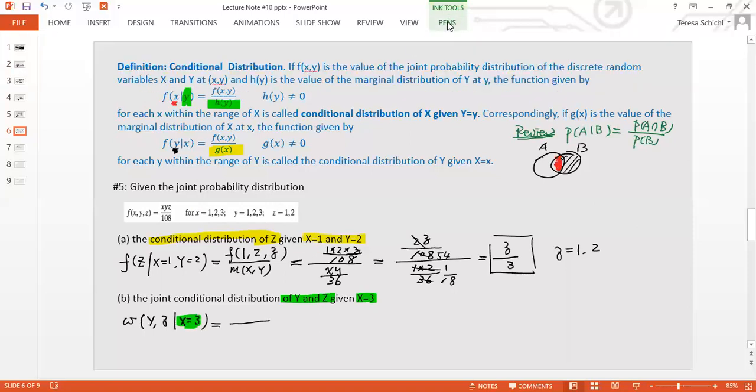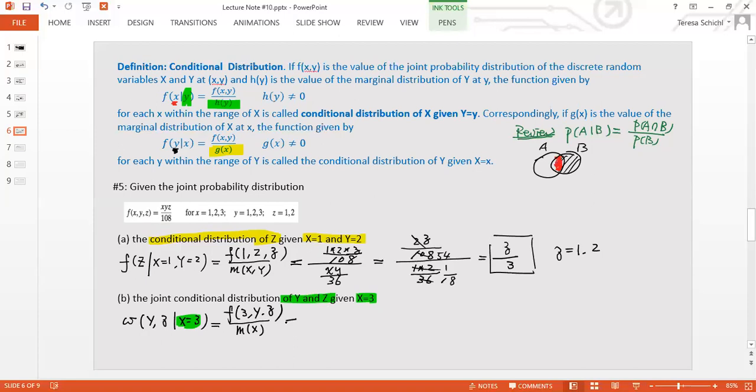Because your condition is x equals 3, what I need to put on the denominator is the marginal distribution of x, correct? Now, what is in here? I need to put f here, x equals 3. So it's 3yz, correct?